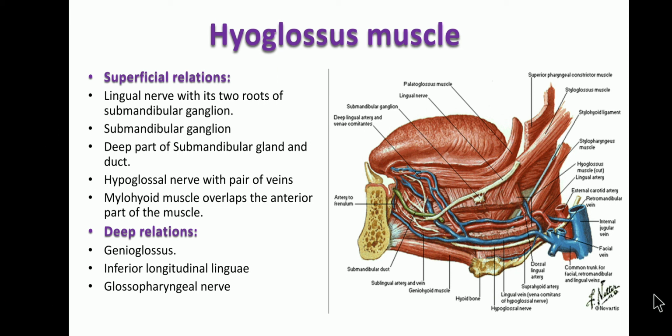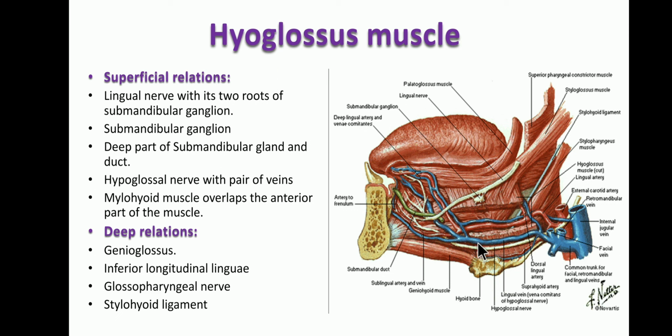Then the glossopharyngeal nerve with the stylopharyngeus muscle and the stylohyoid ligament. Here you can see the stylohyoid ligament, and that is the stylopharyngeus muscle entering the pharynx, going along with the glossopharyngeal nerve. Then you also see the lingual artery, the second part of the lingual artery.